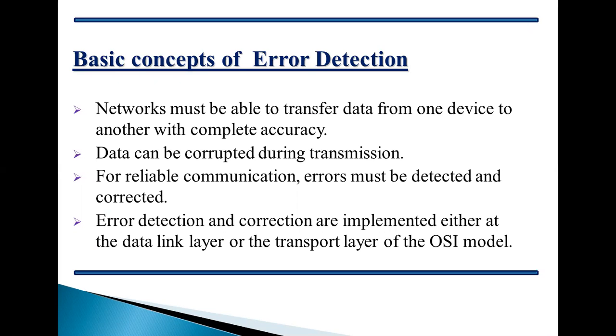When data is transmitted from one device to another, the system does not guarantee whether the data received by the device is identical to the data transmitted by the other device. An error is a situation when the message received at the receiver end is not identical to the message transmitted.